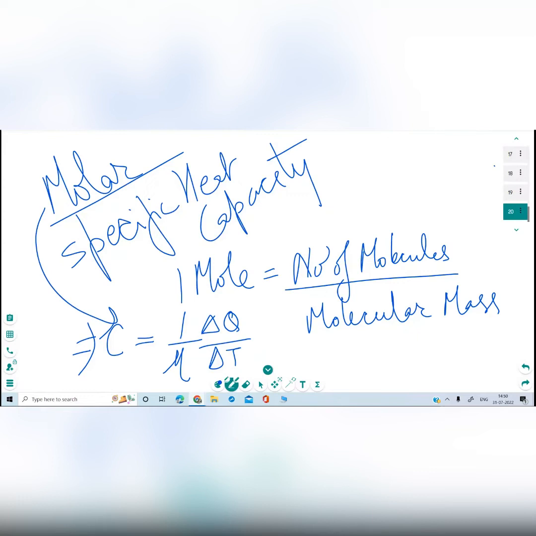It is exactly the same as specific heat, but instead of mass, we will take mole.